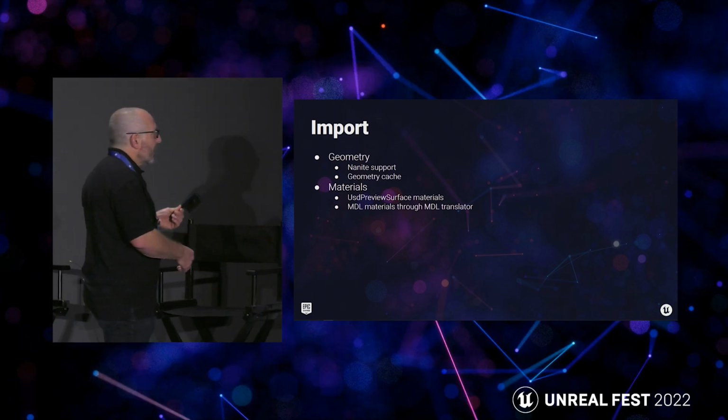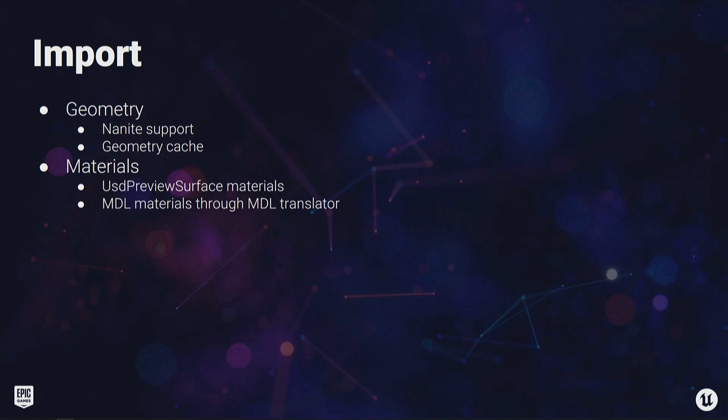Okay, so importing. This is one of the Nanite things. If I'm importing geometry, there's a value you can set, and there are two ways to do it. You can either add some information to the USD file and have it tagged as Nanite, I think it's a true or false.